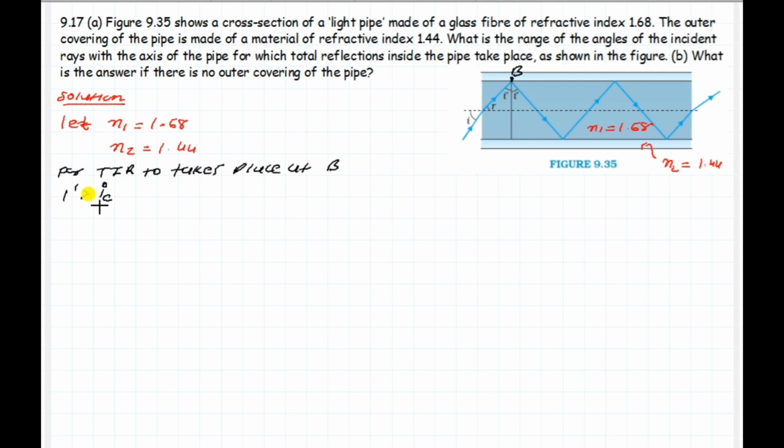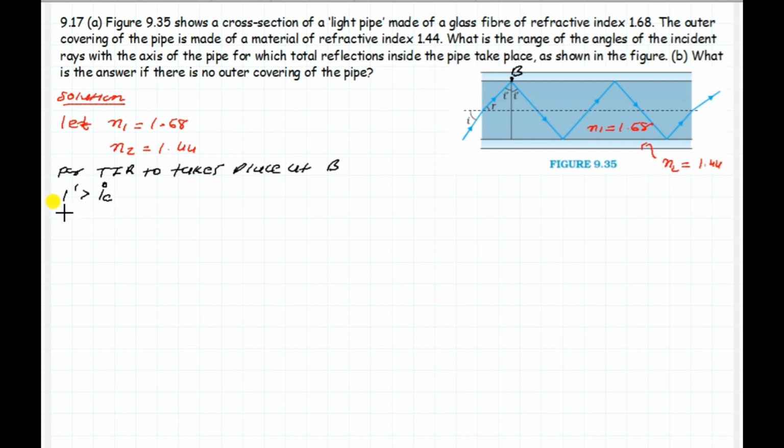First we will find the critical angle at point B. We know that the angle of incidence at which the refracted ray becomes parallel to the surface and the refracted angle becomes 90 degrees is called the critical angle.